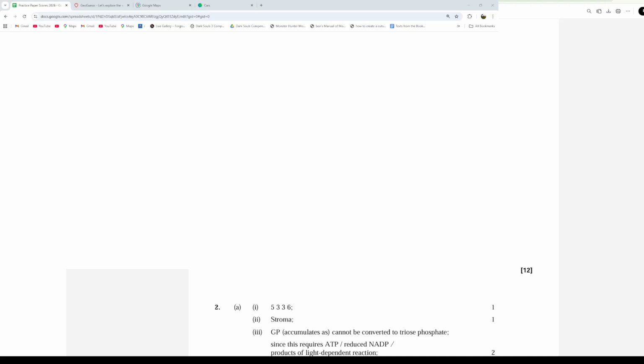This involves reduction. For hydrogens, ATP supplies energy. Phosphate from ATP, production of RuBP. Yep. Okay. Do I need to say phosphorylation or not? I hope not.